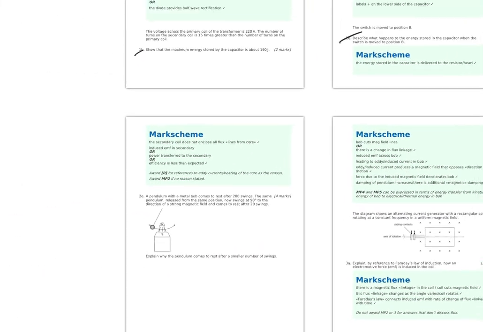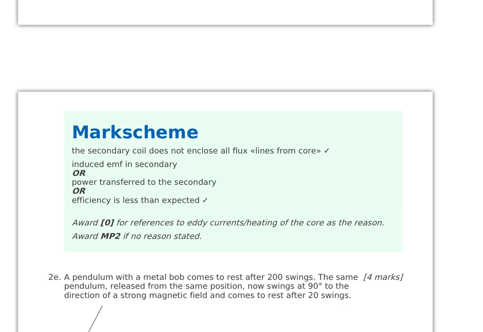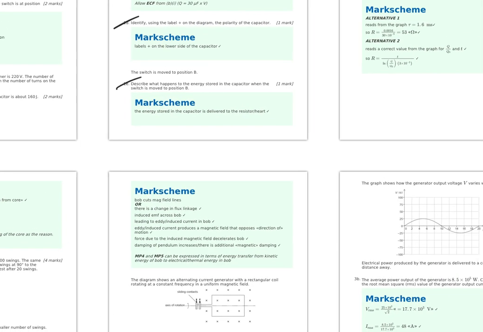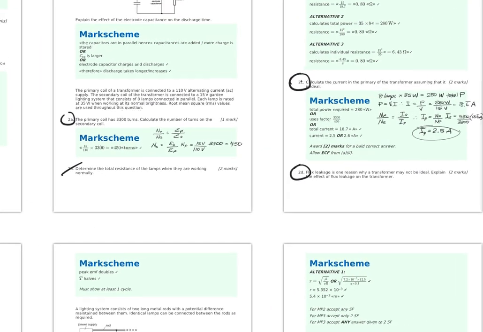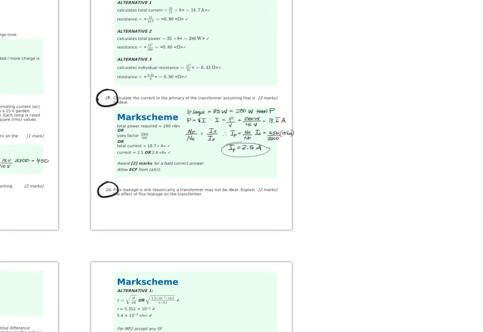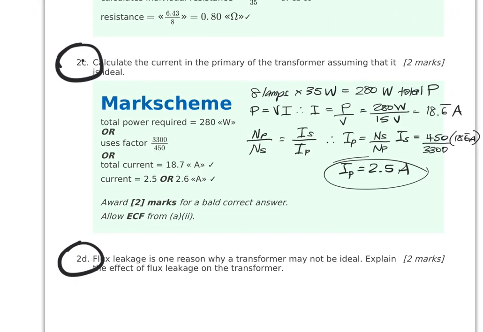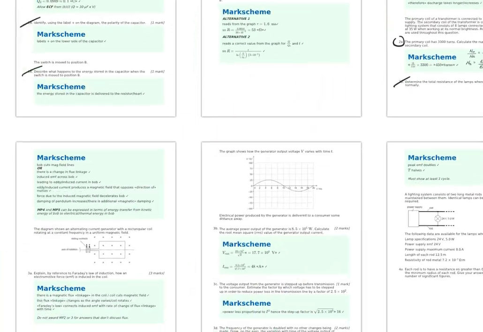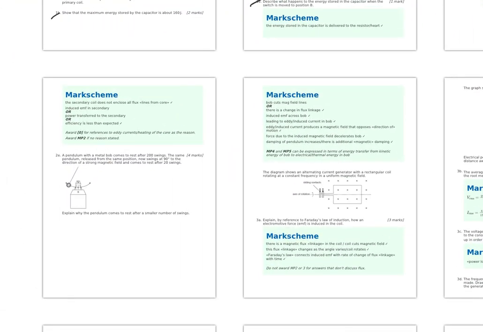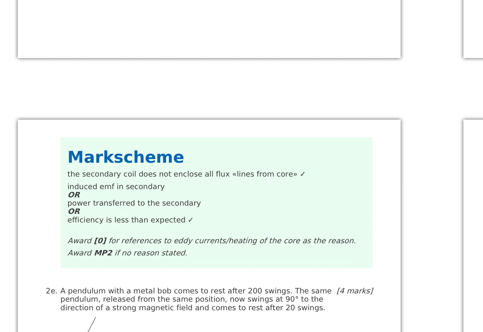And going over here, the mark scheme says the secondary coil does not enclose all the flux from the core, which makes sense because the core is 3,300 turns and the secondary is only 450. So that secondary coil is much smaller, and that's one source of less efficiency.